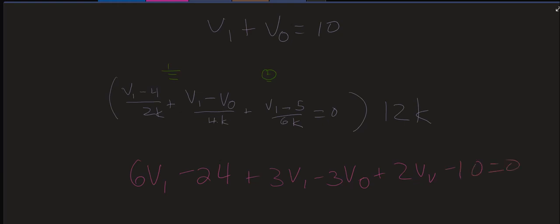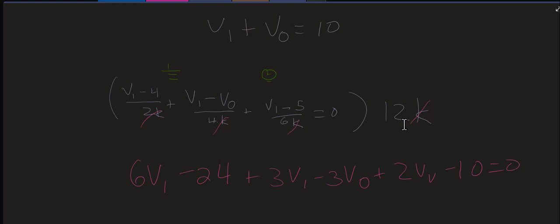That's where I'm most likely to make a mistake, so let me check that. Would the 6V1 be 6K? No, because the K's cancel.